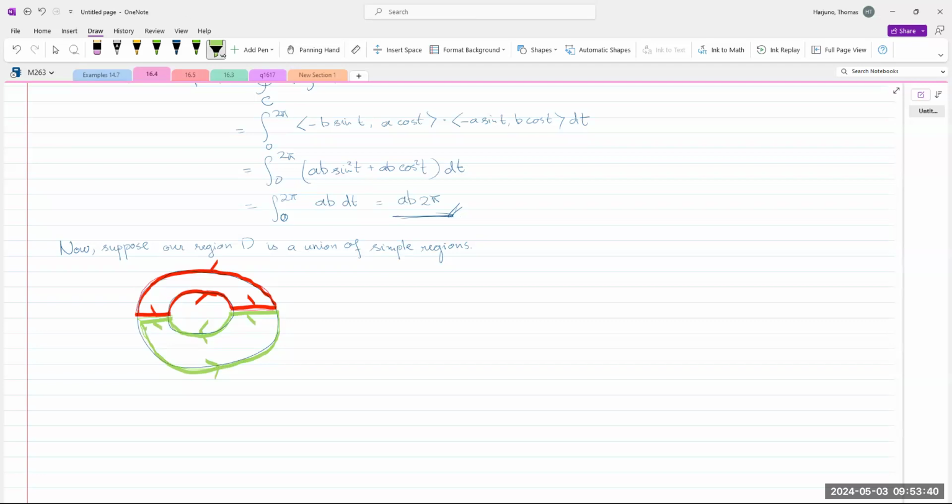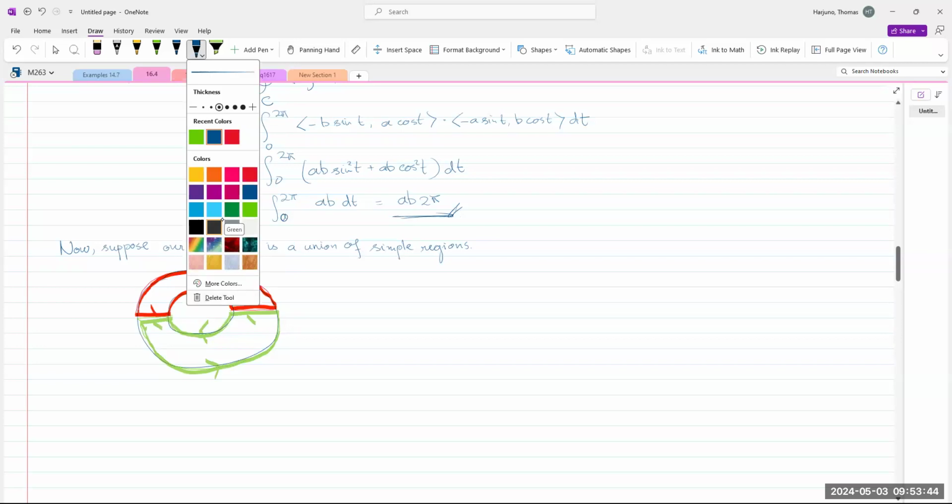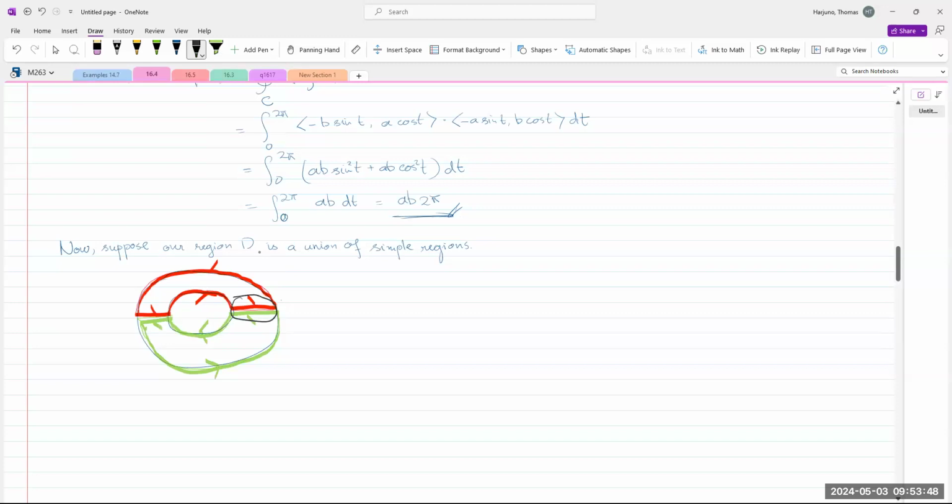Now, notice that the paths along, maybe what color I want to use, on this part here, they cancel each other. It's the same path but in the opposite direction, right? So when you add them, they will cancel each other. Does it make sense?